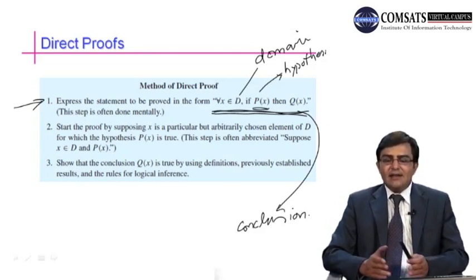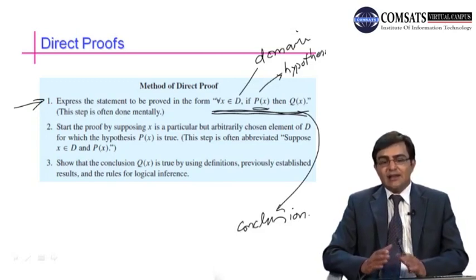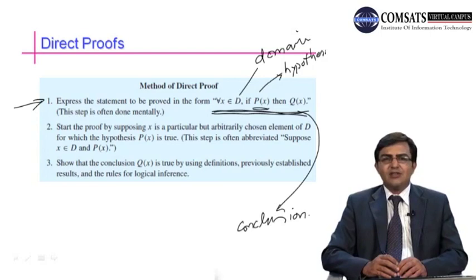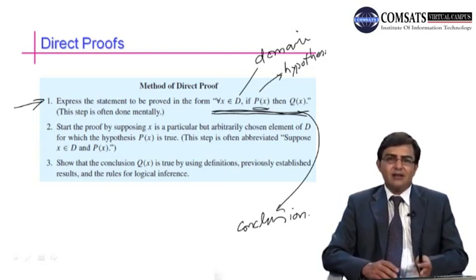We suppose basically the hypothesis of the given statement is true, and we then in the third step prove that the conclusion is true by using some already established results, theorems, lemmas, results in mathematics.